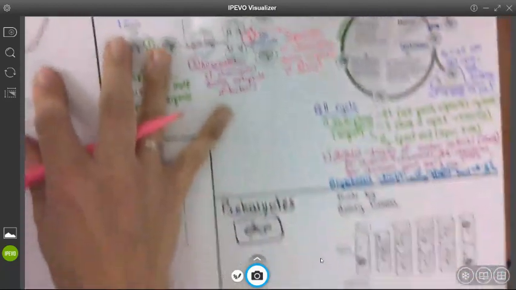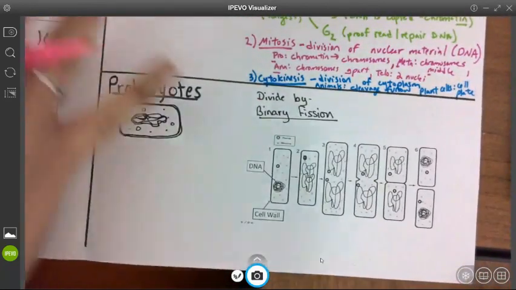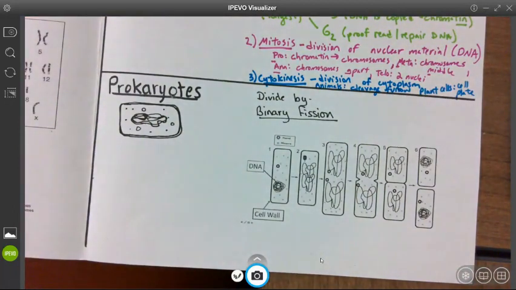I would be remiss, however, if I didn't briefly mention what happens in prokaryotes, because obviously up there we're talking about eukaryotes. In prokaryotes, and again with prokaryotes, we're talking about bacteria. Bacteria divide in a process known as binary fission.